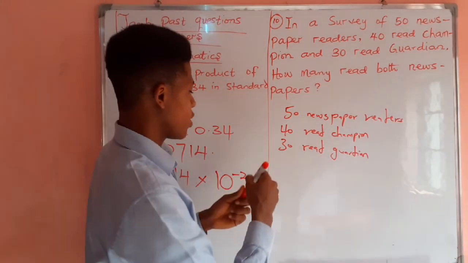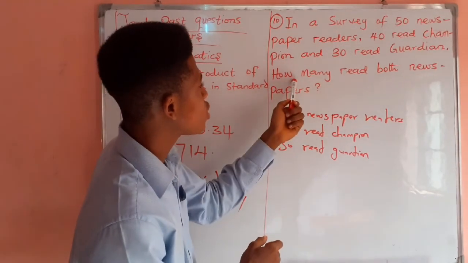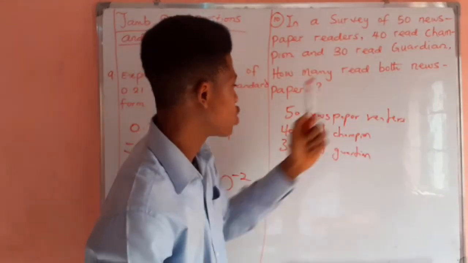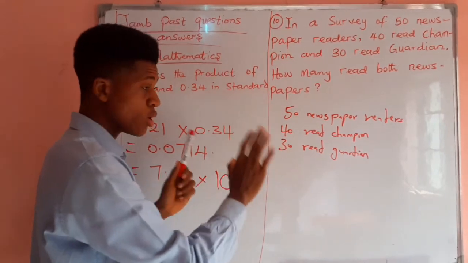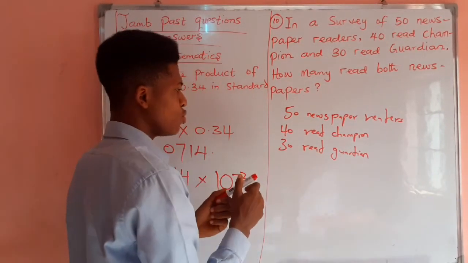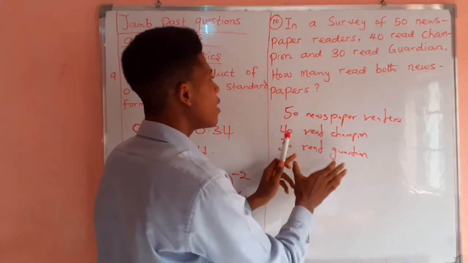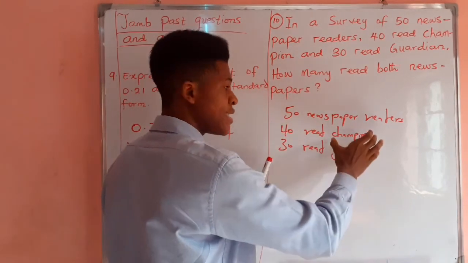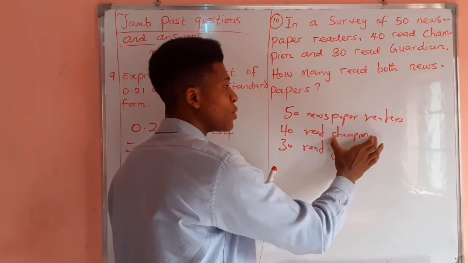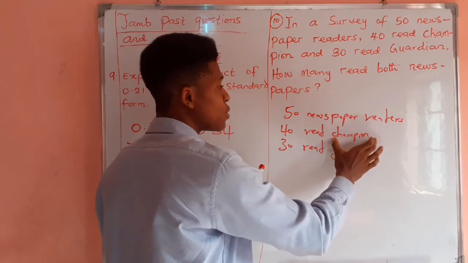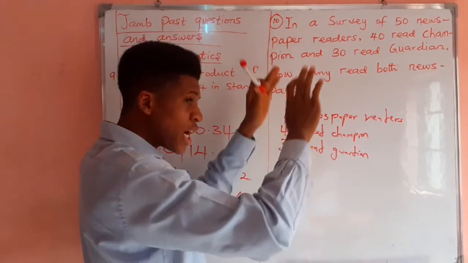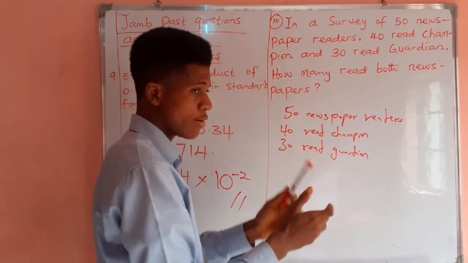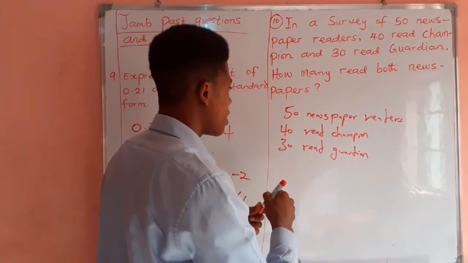So, in order to get the total number of people that read both newspapers, quickly now, what are you supposed to do? In order to get the total number of newspapers read, you have to add your Champion newspaper with your Guardian.